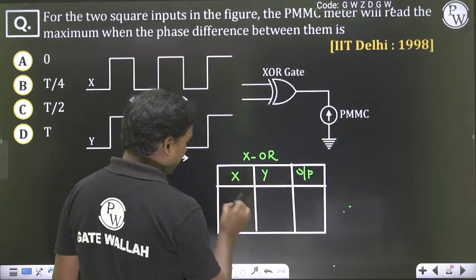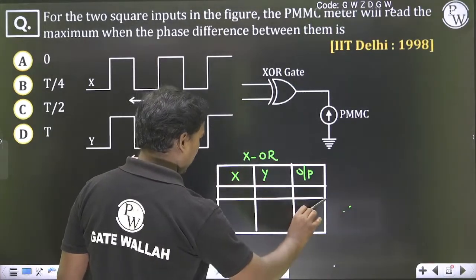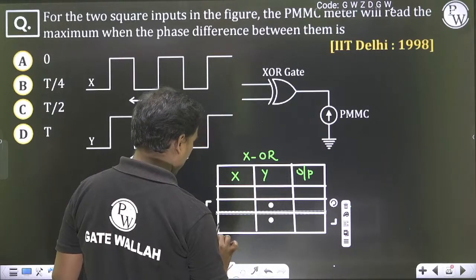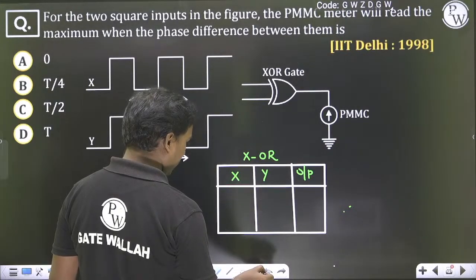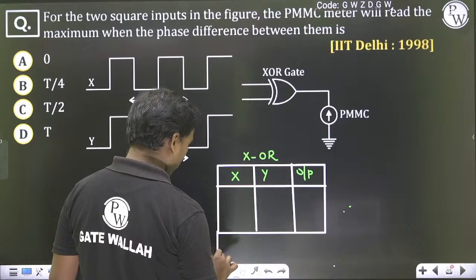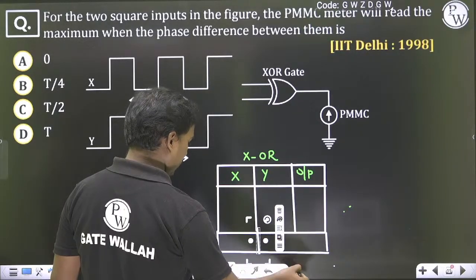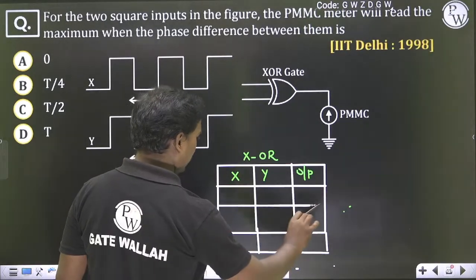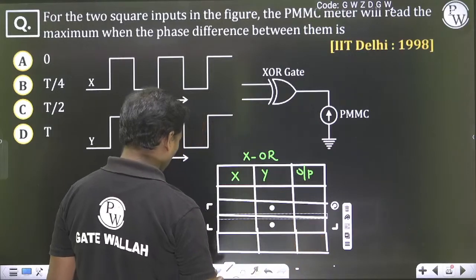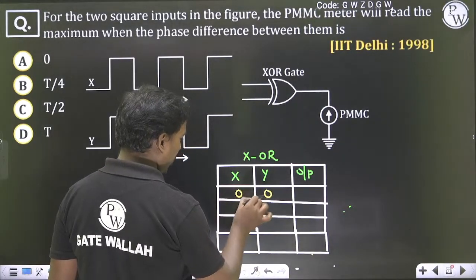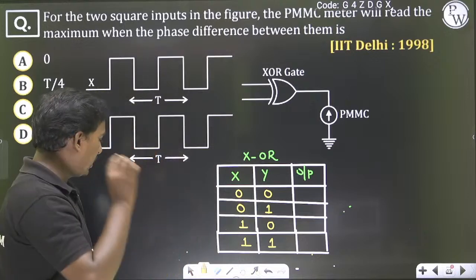The inputs are 0 0, 0 1, 1 0, 1 1. When both are the same, the output will be 0.